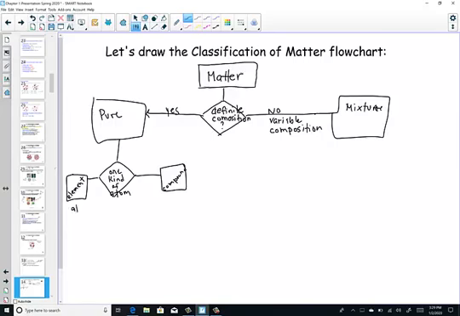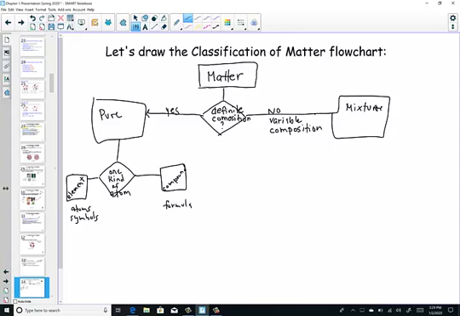Elements are built of atoms. Elements have symbols on the periodic table. They are the simplest form of matter and cannot be broken down any further. A compound has a chemical formula. In other words, it's built of at least two or more different kinds of atoms, and so we use formulas to tell us how many of each atom there are.